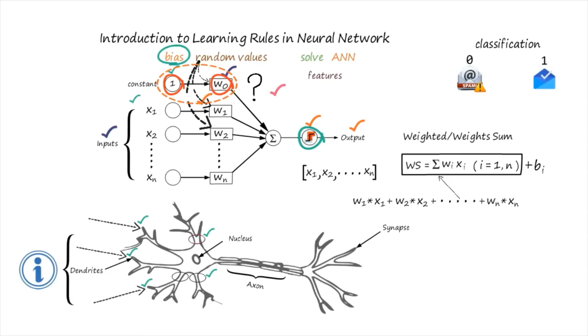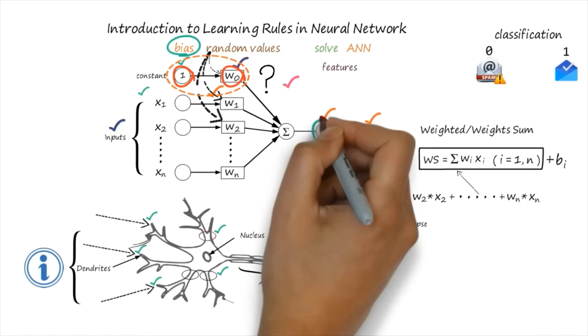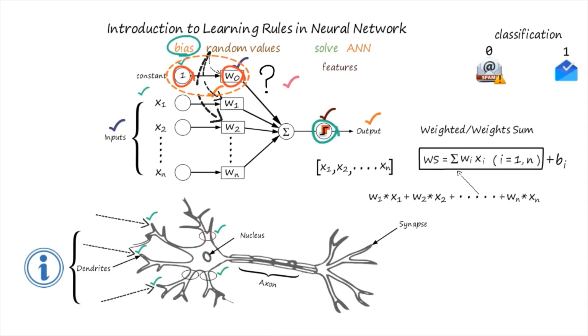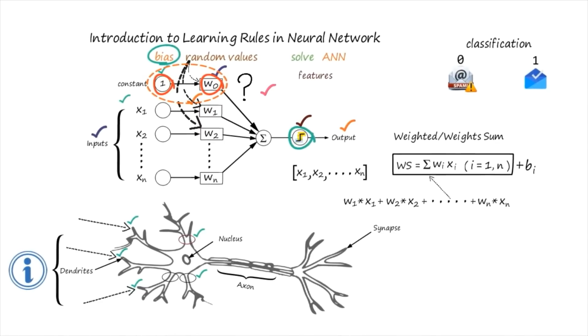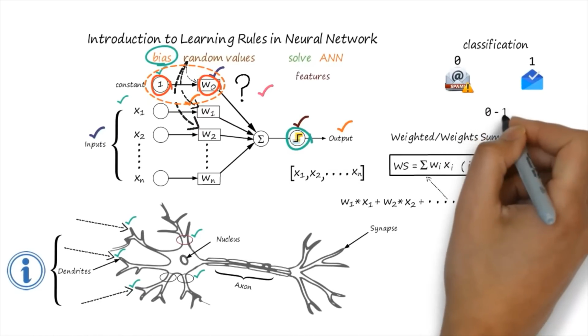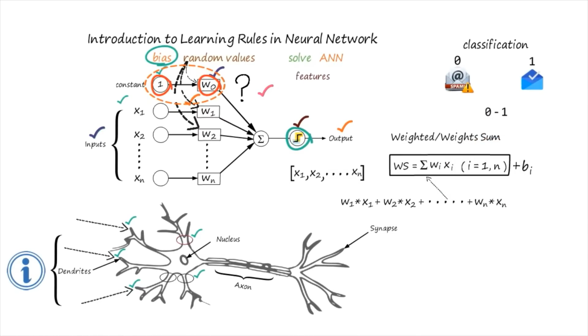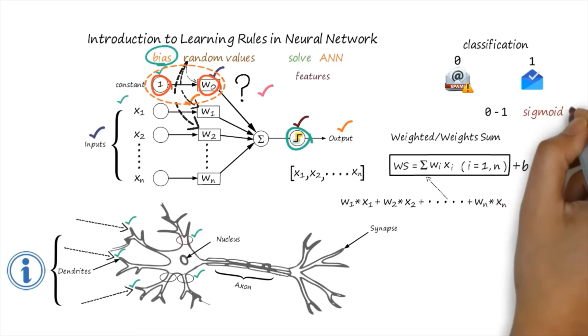So based on the type of the value we need as an output, we can change the activation function. Instead of using this activation function, I can also use the sigmoid activation function, right? If we are doing some kind of classification where we have values between 0 to 1, whenever we have this kind of situation, we cannot use the step function. We have to use the sigmoid function.